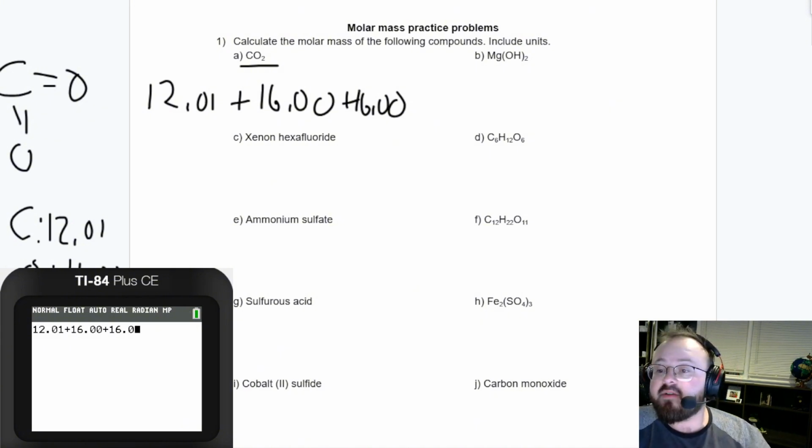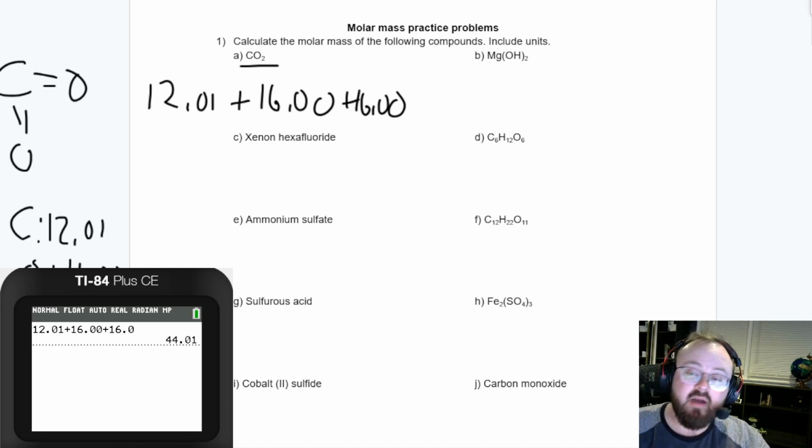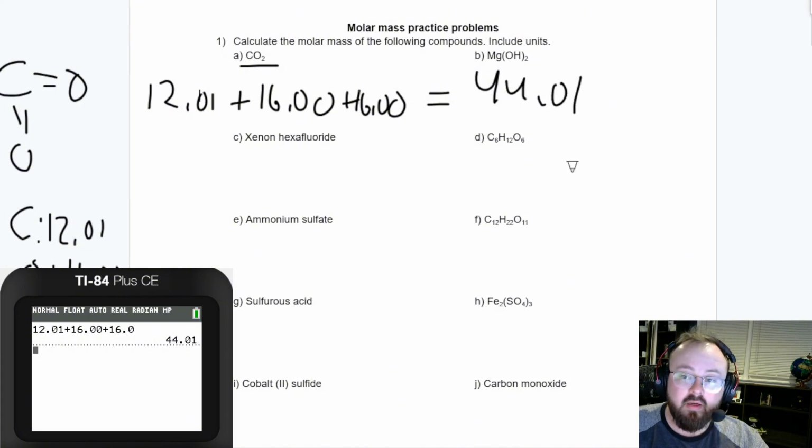In your calculator, you can put 16. It's going to give you the same answer, but I'm just showing us that when we're adding sig figs, we do want to keep those zeros there. So our final answer here is going to be 44.01.